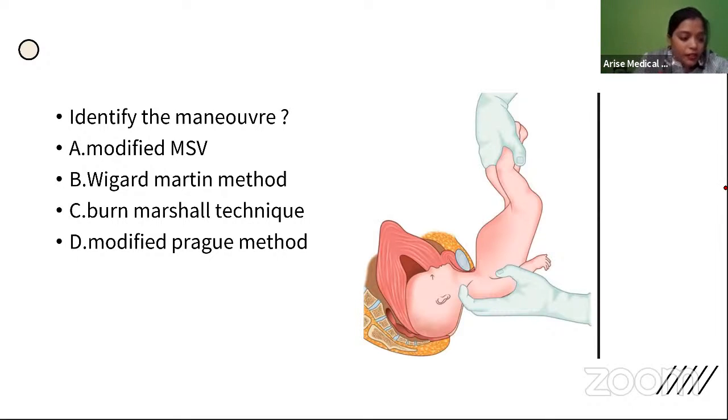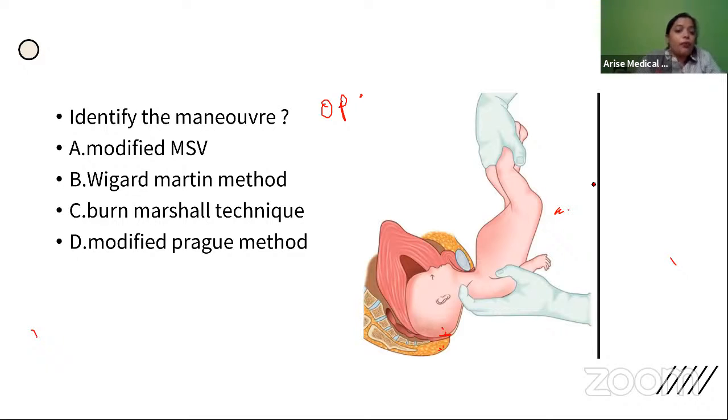So if you observe, we are trying to remove the aftercoming head of breech. But here, although you are trying to deliver the aftercoming head of the breech, where is the occiput facing? Occiput is facing towards the sacrum. So it is the OP aftercoming head. When you have OP aftercoming head, you try to flex and pull both limbs vertically up, making an arc.